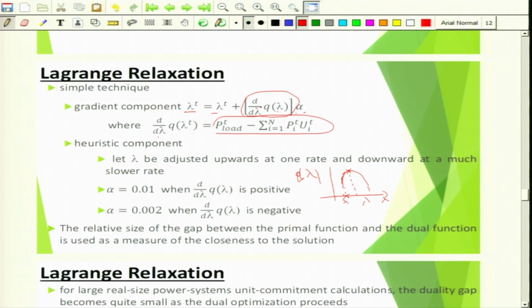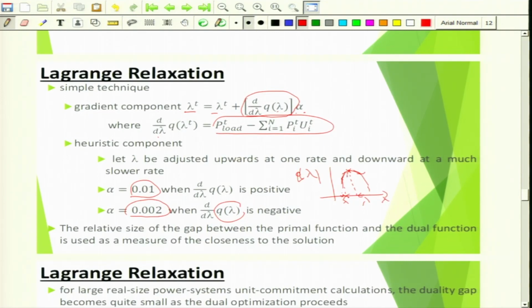Then you consider alpha equal to 0.01, a big number, since you are going in the right direction. If the slope is negative, that means you are going in the opposite direction. Then you consider alpha a very small number, 0.002, that means you decrease the lambda to come to the maximum value.